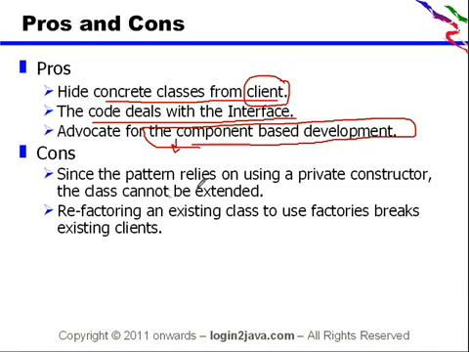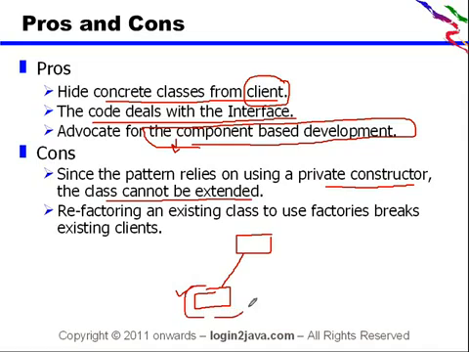Cons are, since the pattern relies on using private constructors, the class cannot be extended. Okay, so let me explain it. We have the IDocument interface and we have the concrete implementation TextDocument. Right. So we don't want the instance of TextDocument to be created from anywhere else apart from the factory.